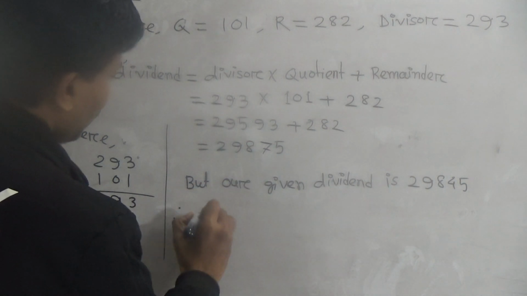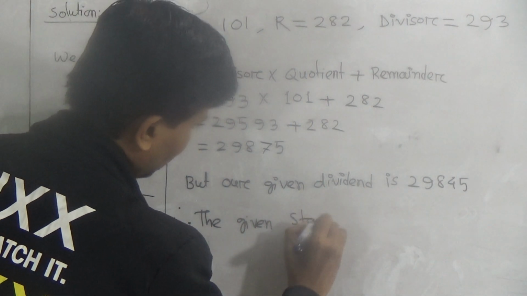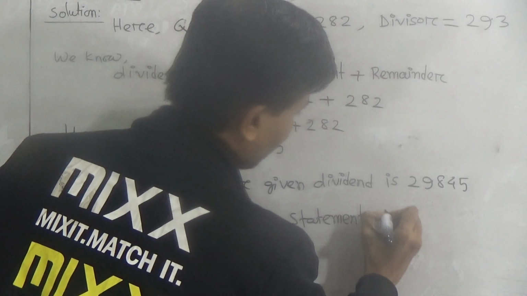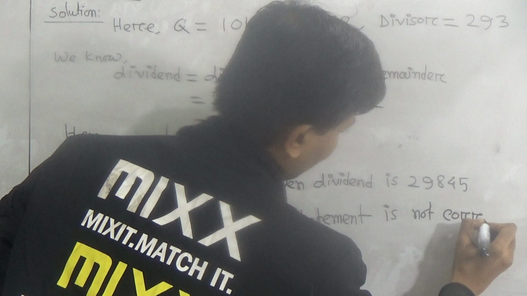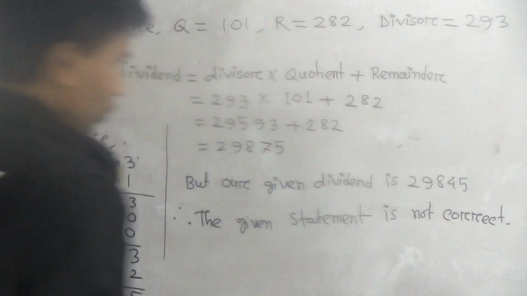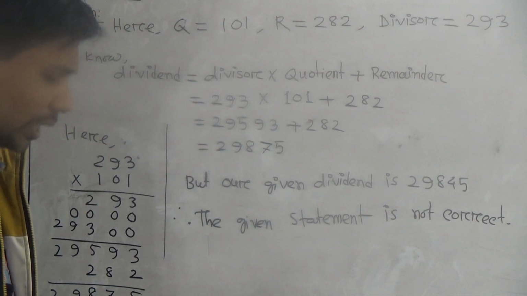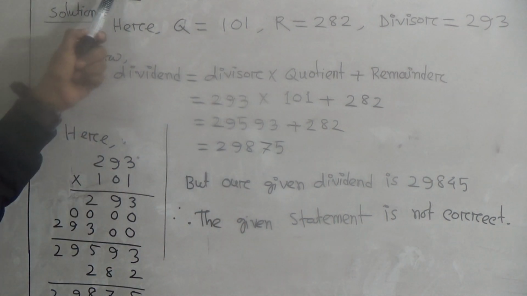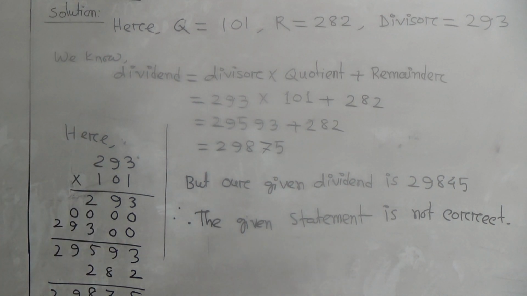So the given statement is not correct. Student, notice here, if our obtained dividend and the given dividend are the same, then we will say the given statement is true, or the given statement is correct.